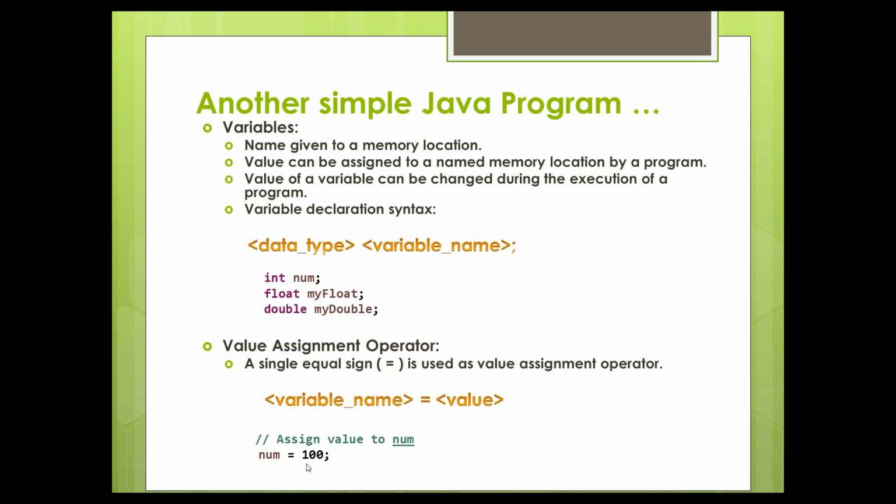We can store 100, which is an integer, in num. Can we store a real number in num? We will see that when we get to that point, what happens when we try to save a real number to an integer. So these are the two important syntaxes you should remember. Data type, space, variable name declares your variable. Data type is the type of the value that you are going to store in a particular memory location.